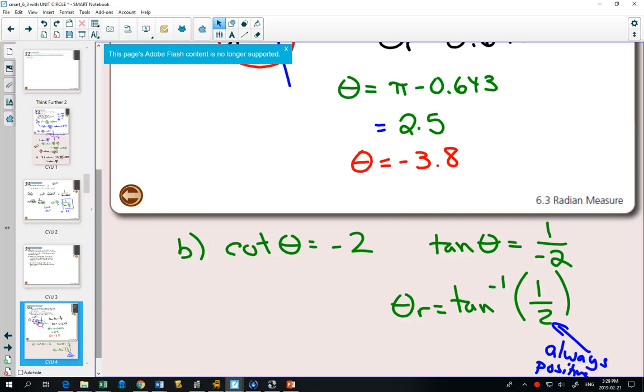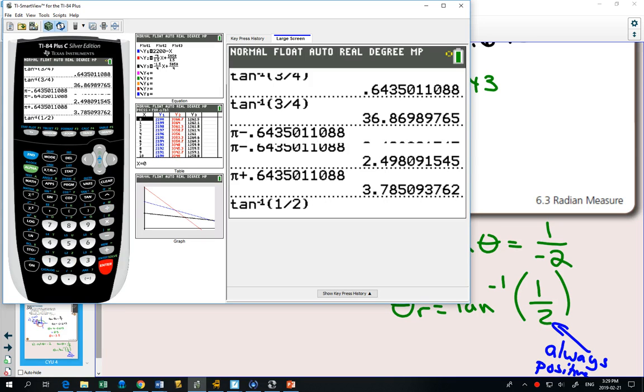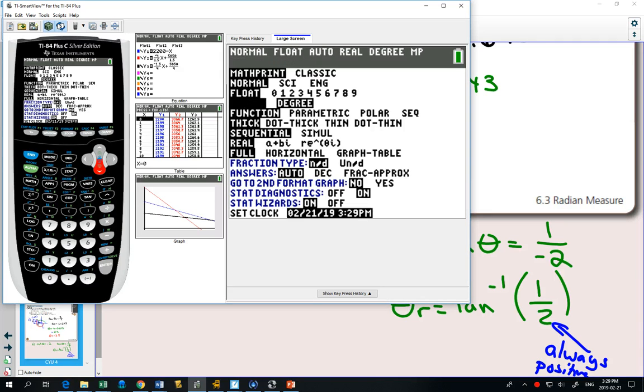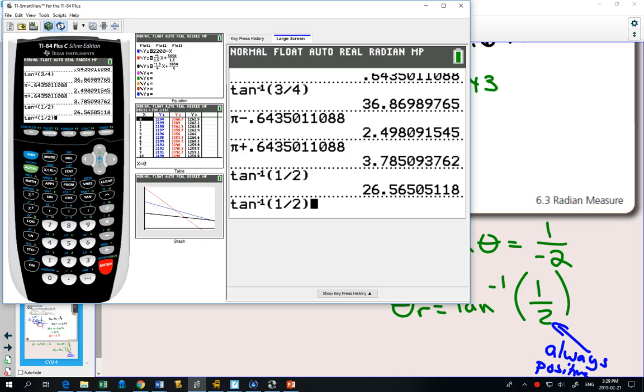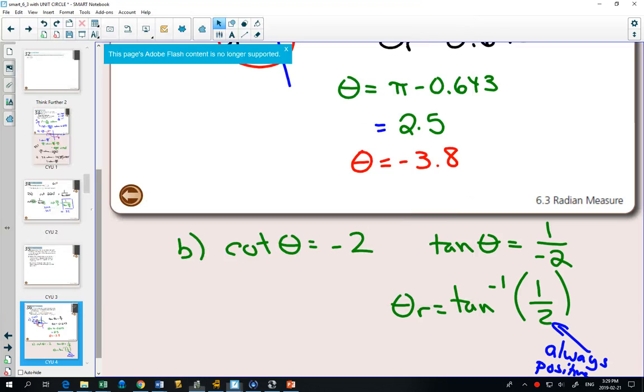So I can go to my calculator. Tan inverse of 1/2, that's in degrees. I should be in radians. Tan inverse of 1/2 in radians tells me my reference angle is 0.464.